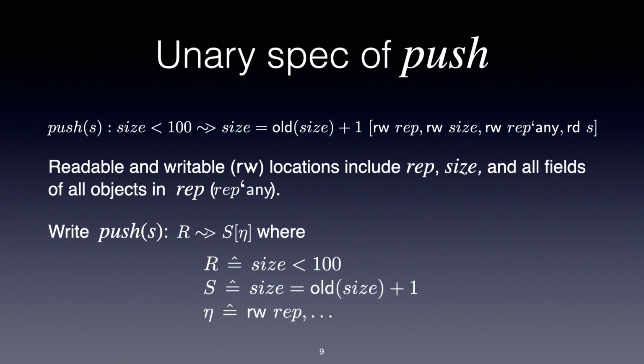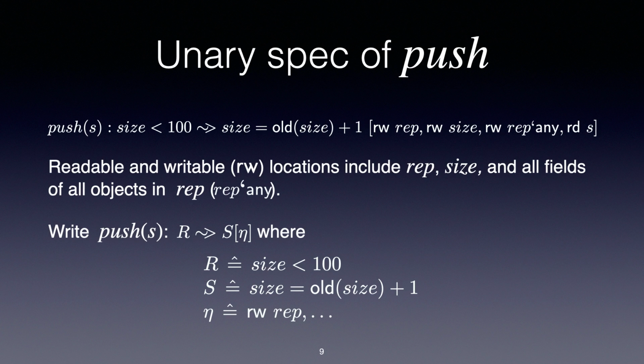And this is the frame condition, which says that the readable and writable locations, this RW, include rep, size, rep image any. We pronounce this as rep image any, and read s. Rep image any says all fields of all objects in rep may be read or written. I'll come back to that in a bit, but that's basically the frame condition of push.